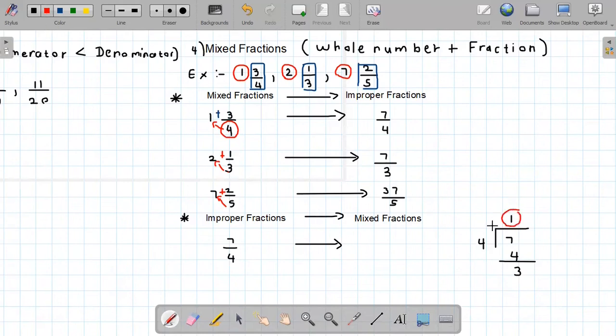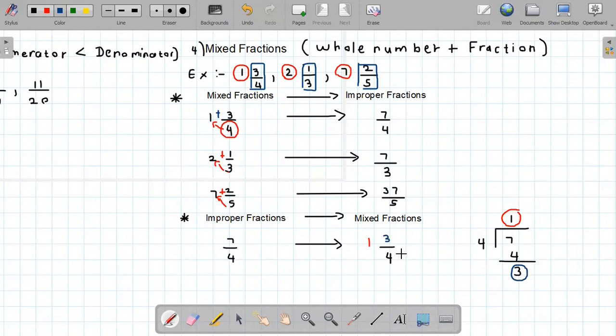Here I'm going to write number 1 as the whole number, right? So as we did before, I'm not going to change the denominator. So 4 is the denominator. The remaining part, the remainder, is number 3. So I am going to put it like this.